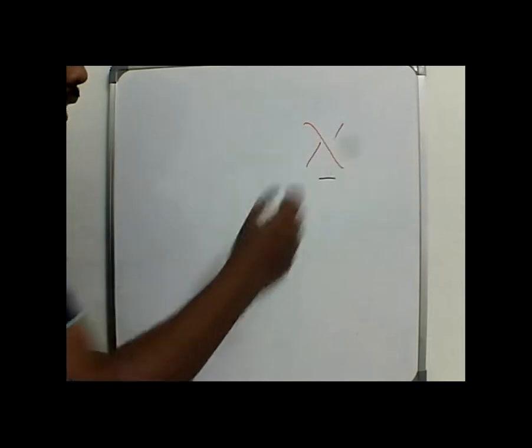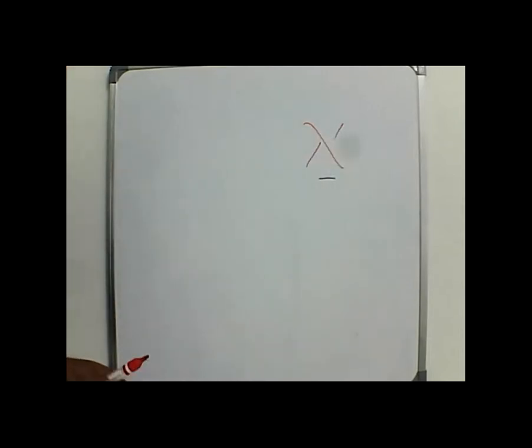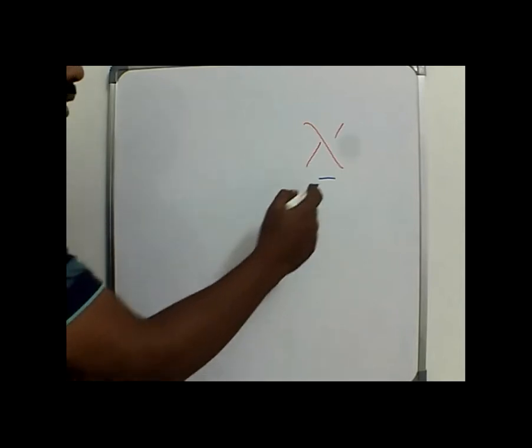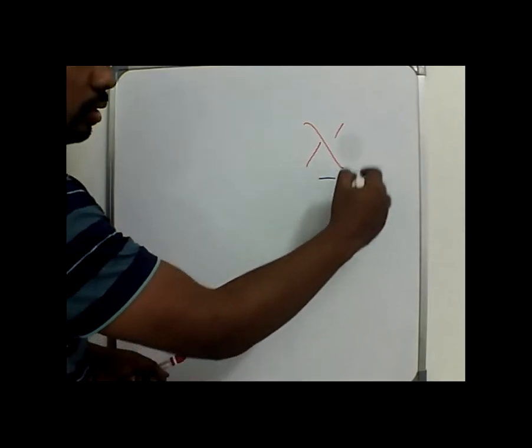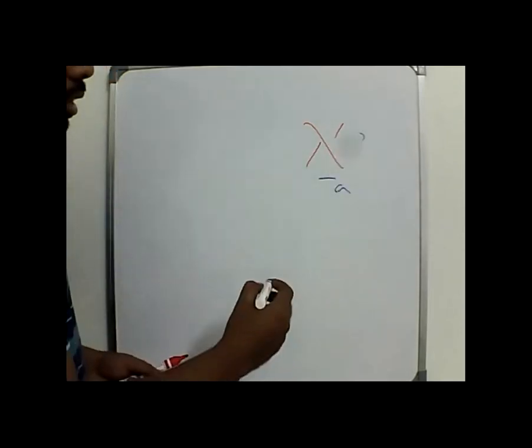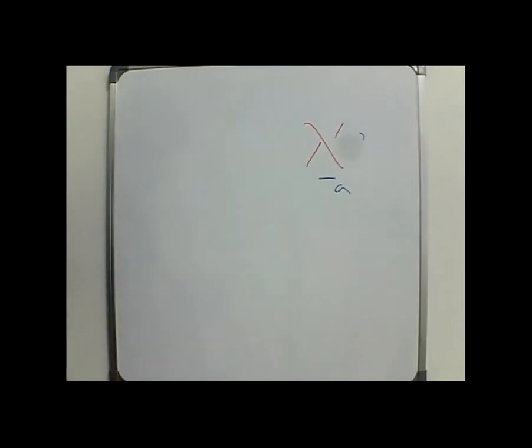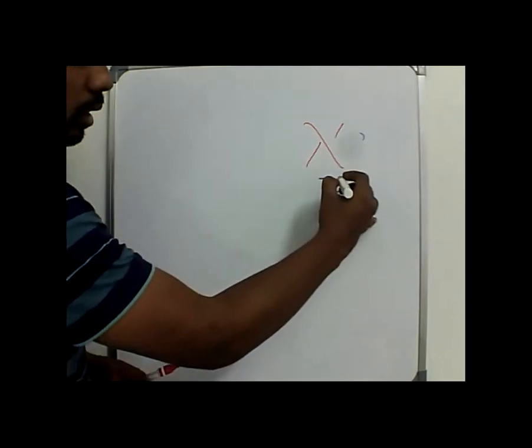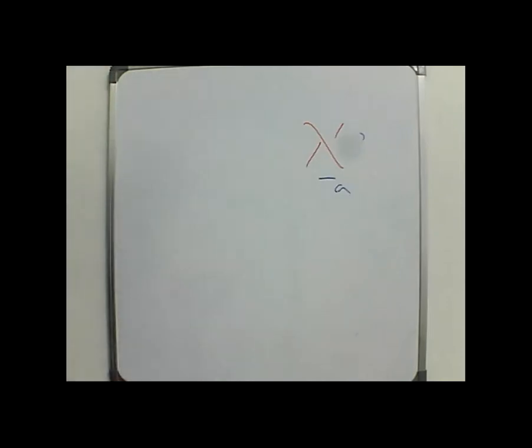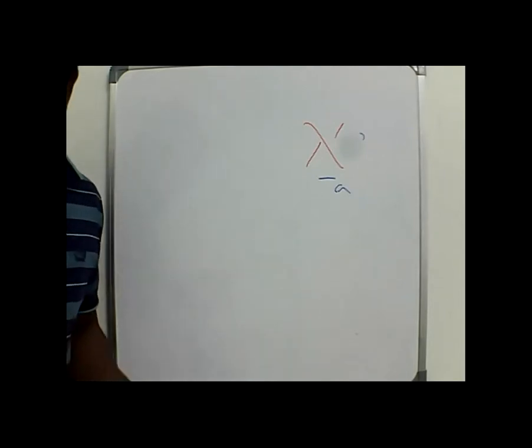Now the Aleph doesn't have any sound naturally. So what is the sound of this? This is A. So this Aleph is symbolized like this.